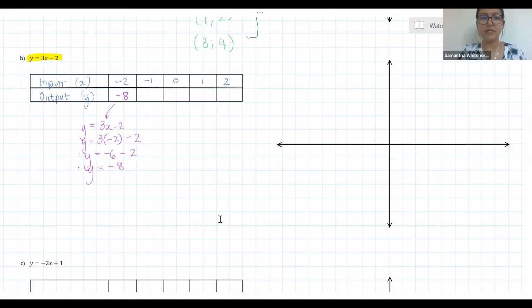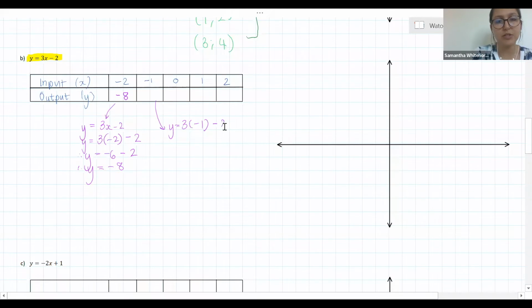Lungile, would you like to give us the second one? Yes, ma'am. Ma'am, I'm not sure, but I think it's -1. Okay, really close. Just remember when we substitute in, y is equal to 3 times -1 minus 2.